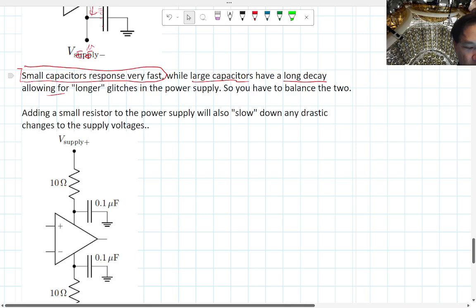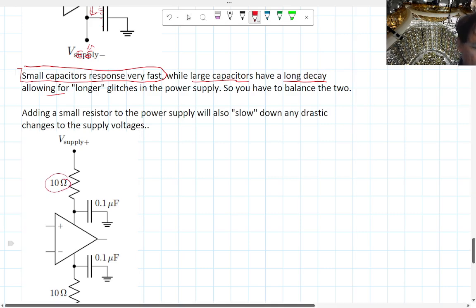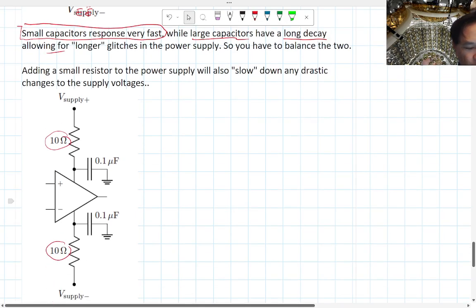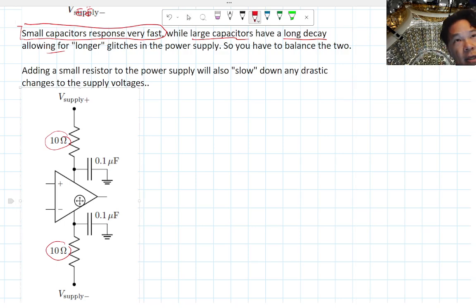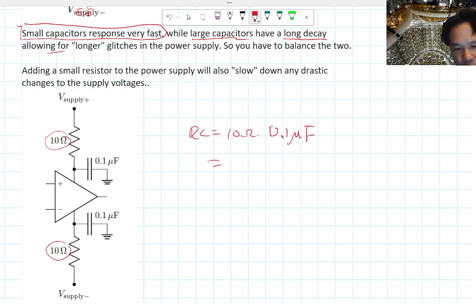So another way to extend this capacitor delay is basically adding a little resistance to your VCC and VEE. That gives you an RC decay. For example, 10 ohms times 0.1 microfarad gives you 10 microseconds.